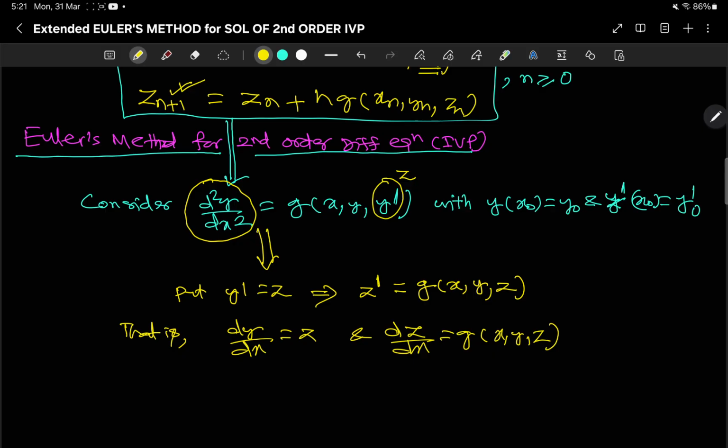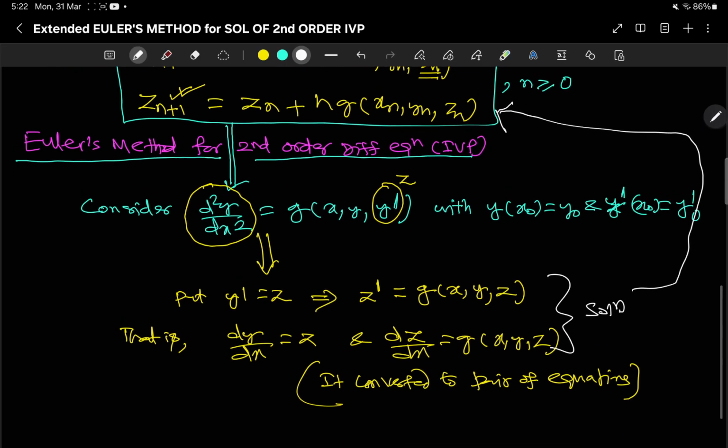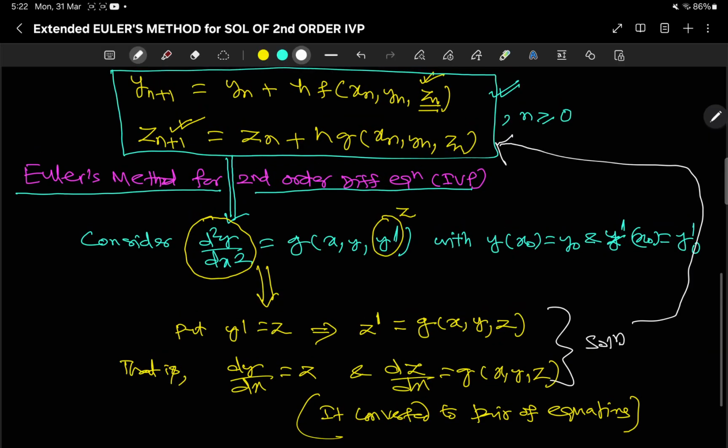It converted to a pair of equations. Once you convert it to a pair of equations, to solve this we just use the previous formula.